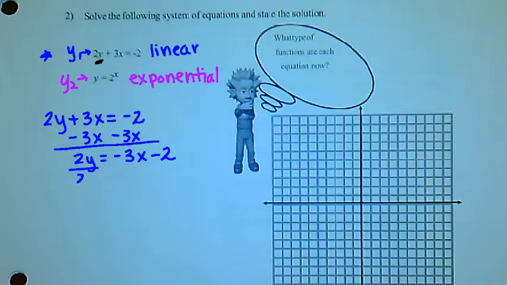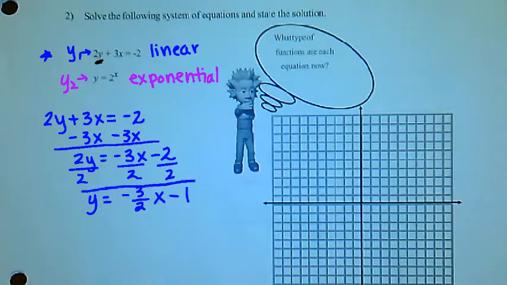And then I'm going to divide by 2. Okay, so that is what I'm going to put into the calculator. Okay, so now we're going to put these into our calculator.